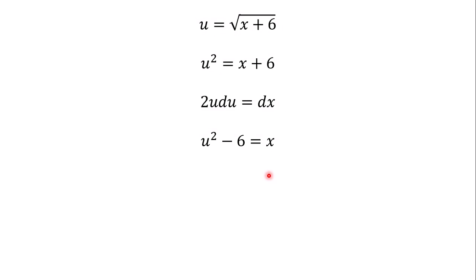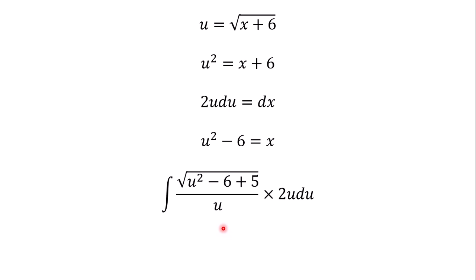Alright, now let's replace them in the u world and let's see what we are going to get. After replacing them, here is going to be square root of u squared minus 6. This one is replacing x here.